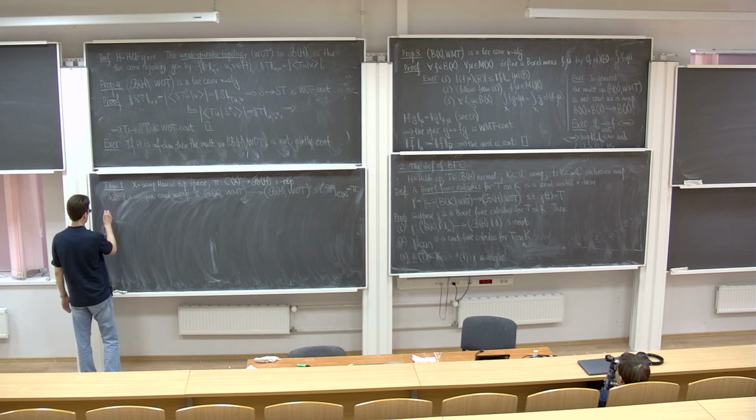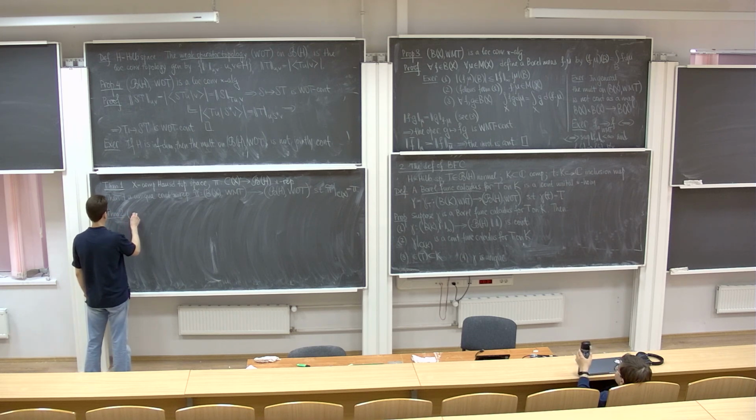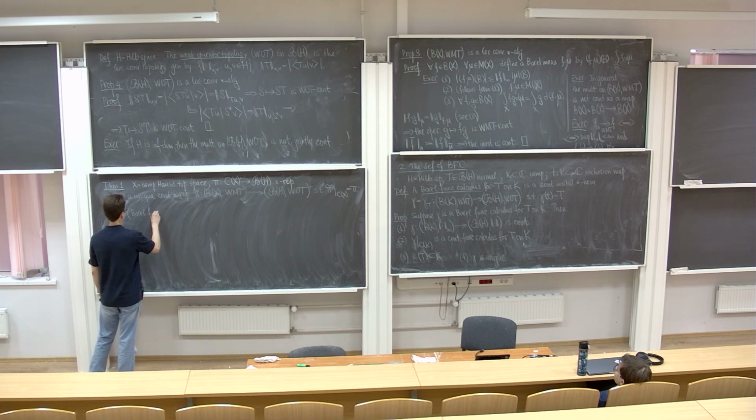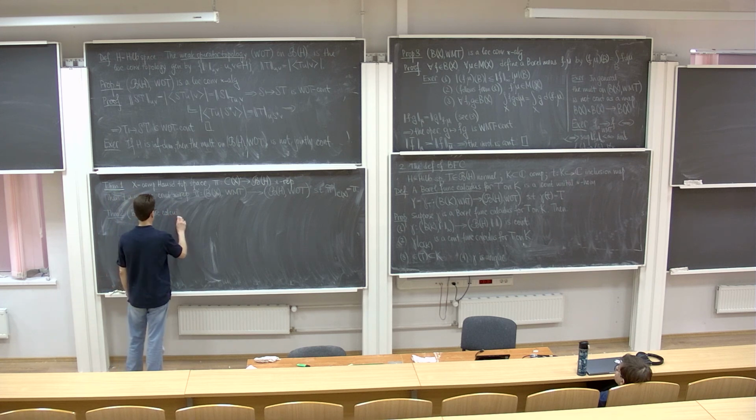And as a special case of theorem 1, we get theorem 2 about the Borel functional calculus for a normal operator, which is our second form of the spectral theorem.